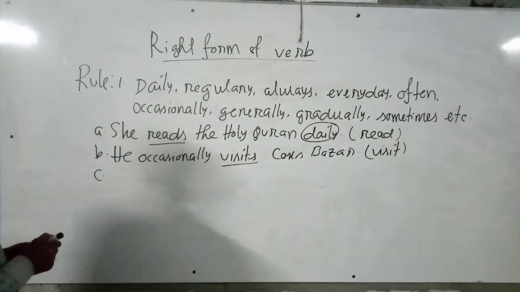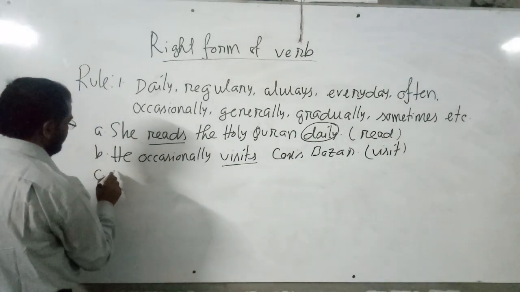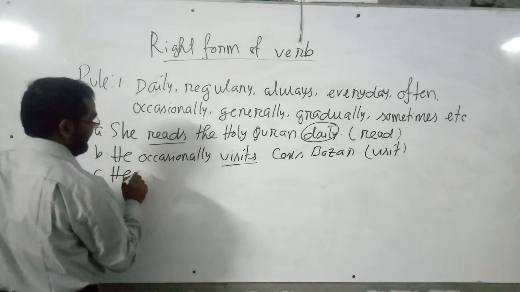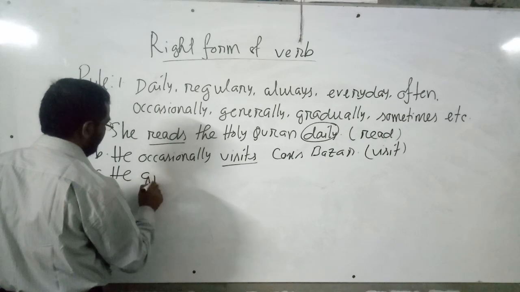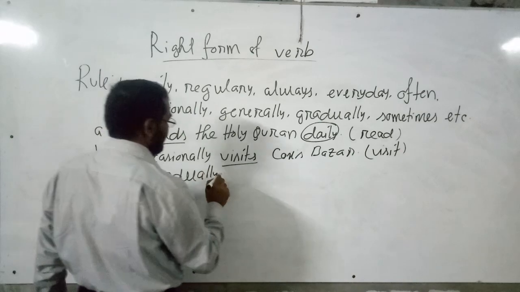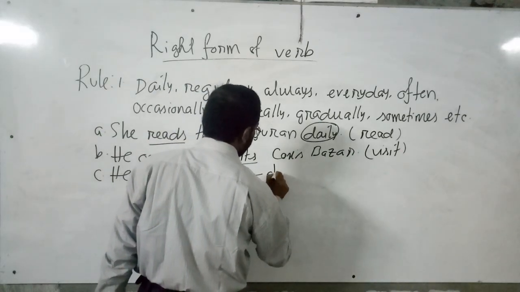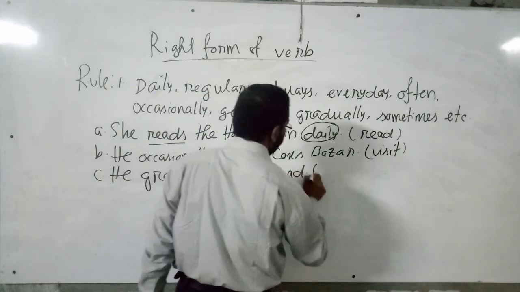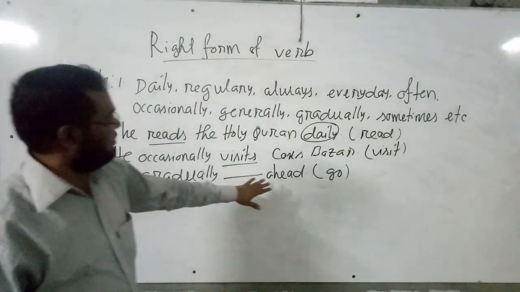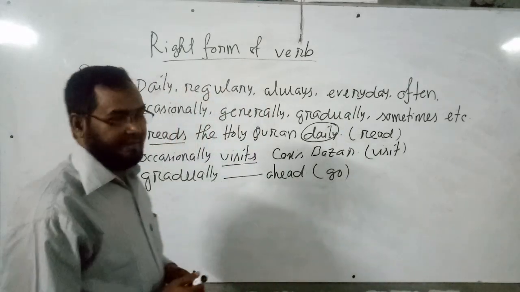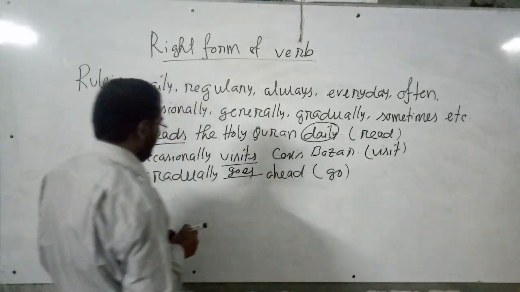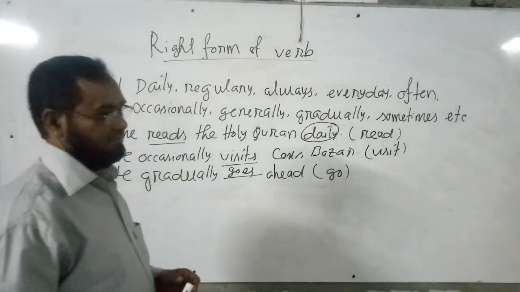Next example. He gradually go ahead. Here the correct form of verb is goes. He gradually goes ahead.